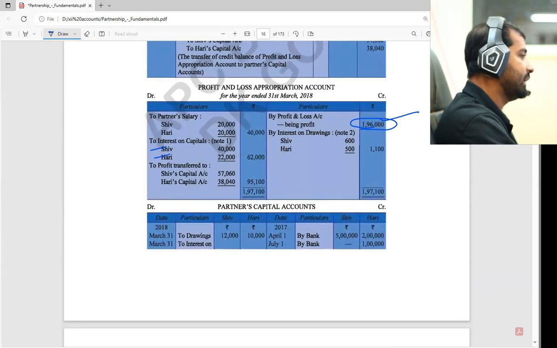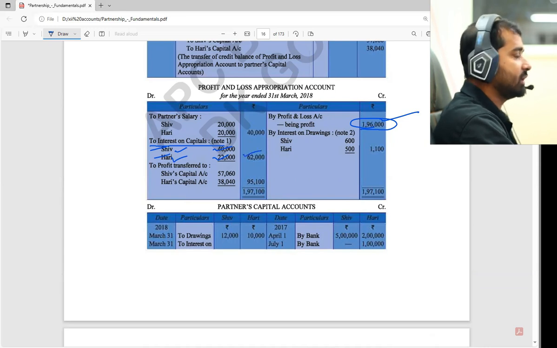Now we are writing it here. Now see, we are making the profit and loss appropriation account. So interest on capital, Shiv 40,000, Hari 22,000. Total is 62,000 interest on capital. Correct?